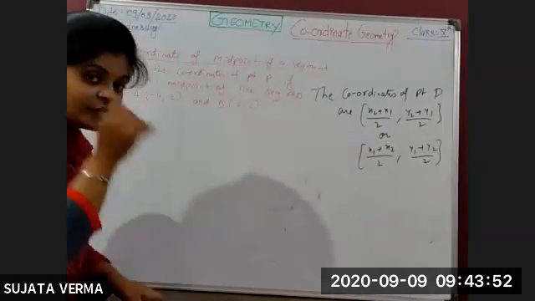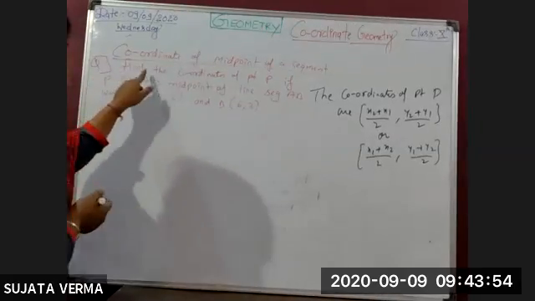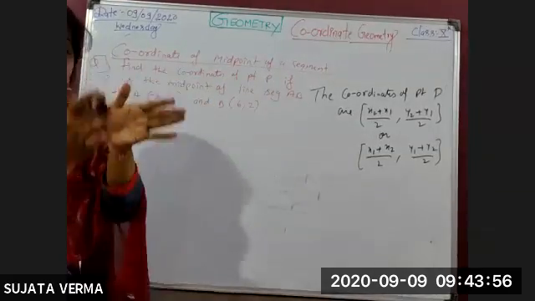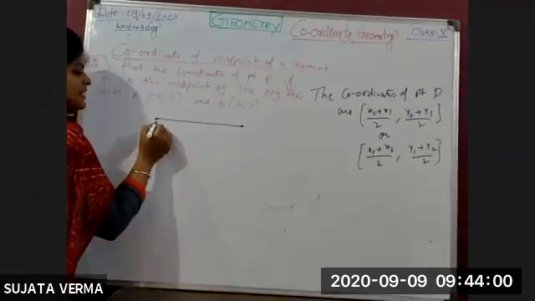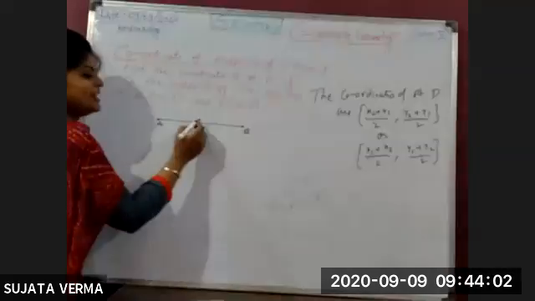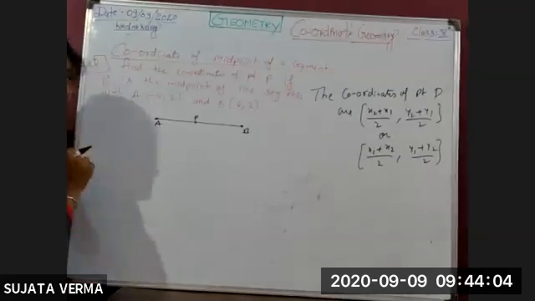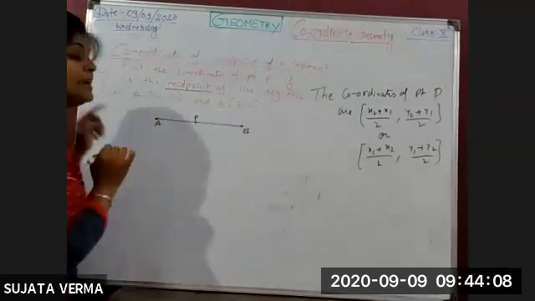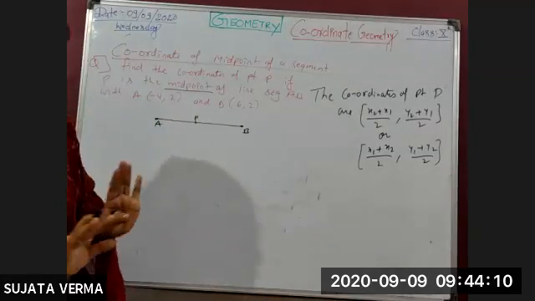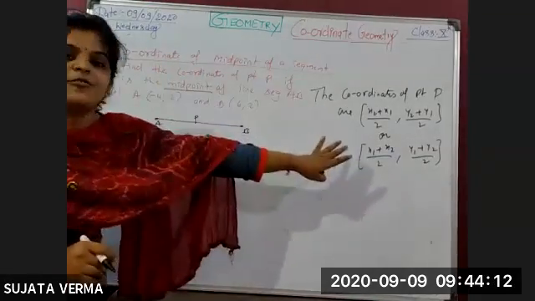Listen, in this question, we have to find the coordinates of P. First we draw a line segment AB and P divides the line segment. But one word is used here: P is the midpoint. Then we use the midpoint formula.